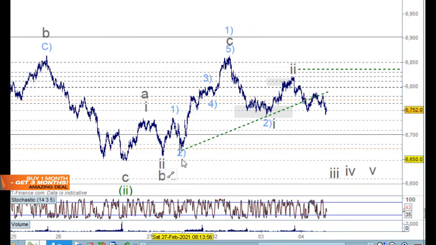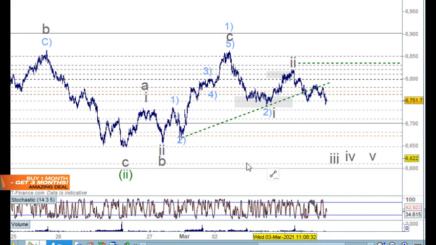I have to say, though, that the move up off this low here, of course, as an A wave, a B wave, and then 1 and 2 and 3 and 4 and 5 as the C wave here, is the most fitting of all. It just counts better as an A wave, a B wave, and a C wave here.